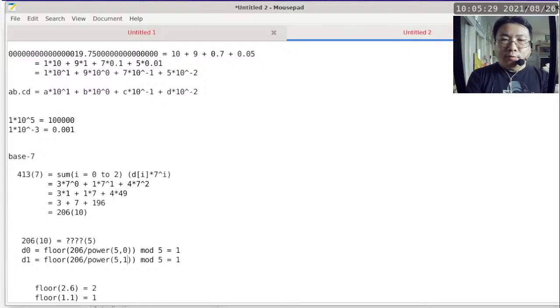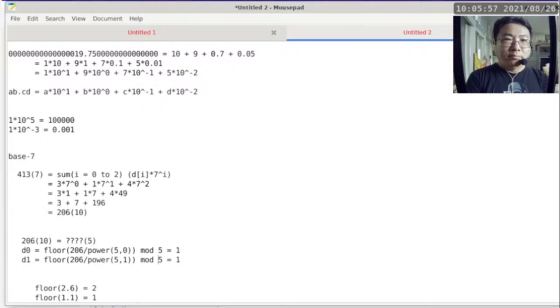So if you divide 206 by 5 and take the floor of that, you get 41, right? Let me see. Yeah, 41. So 41 mod 5 is also a 1.